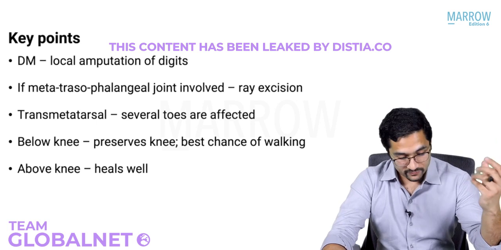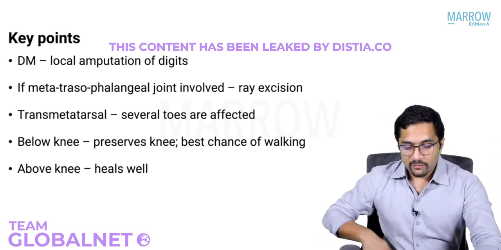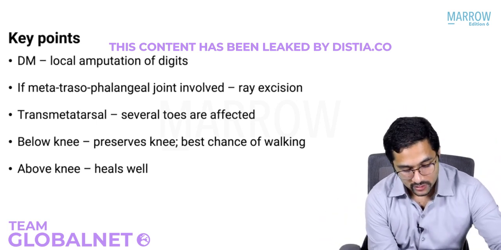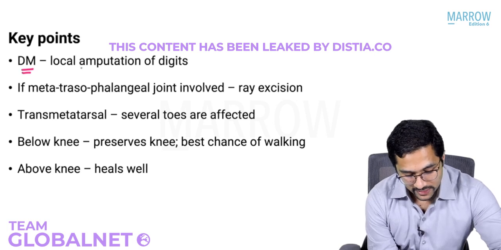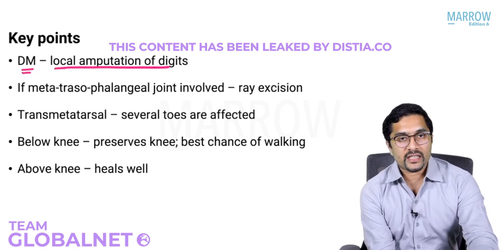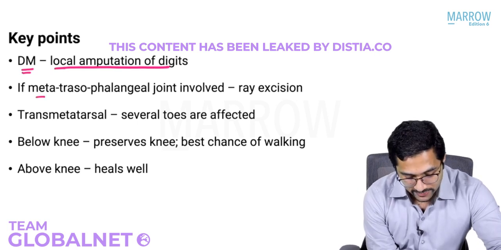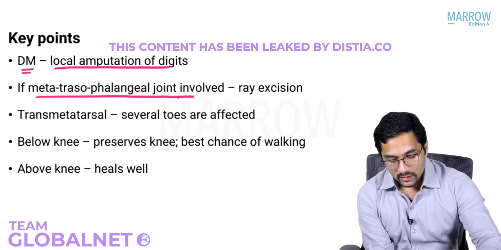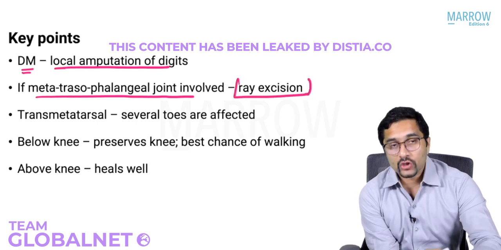So the key points which have been written in Bailey regarding amputation: when there is diabetes mellitus, local amputation of the digits should be done, and we should do conservative amputations. If the metatarsophalangeal joint is involved, then ray excision should be carried out.